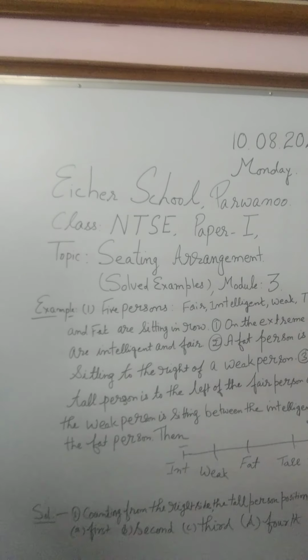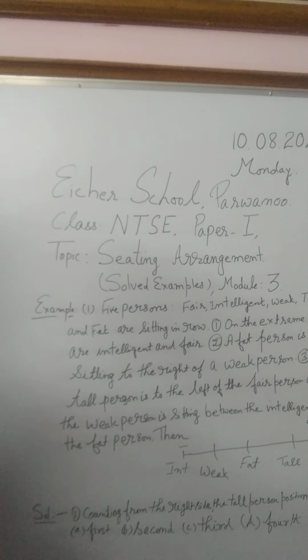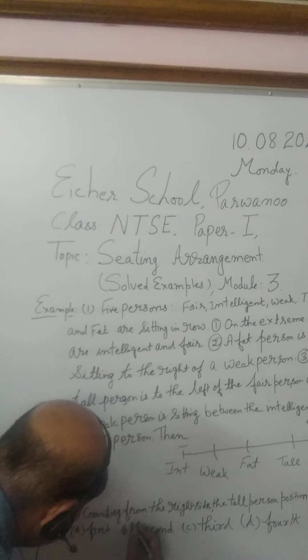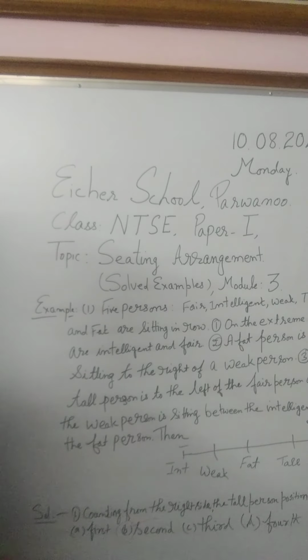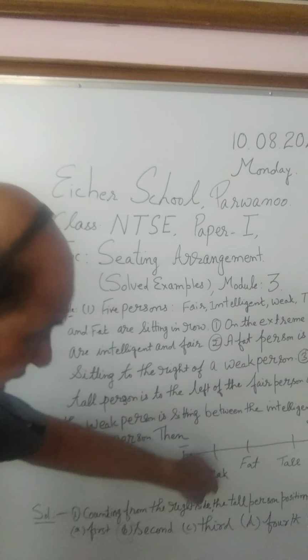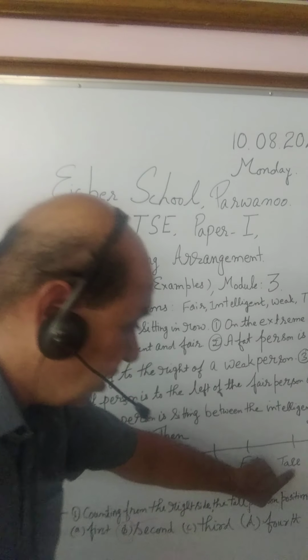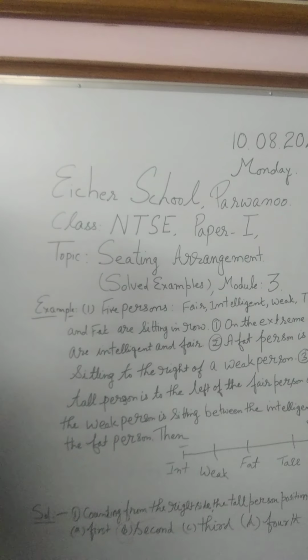If we see carefully, the answer will be second from right, because first is captured by fair and second will be tall, so I tick it, and my answer will be circled also in this way. The other 4: first, I will not consider; weak, rejected; then fat I will not consider. Only thing is I have to consider tall, and he is second from right. So second is the correct answer from here.